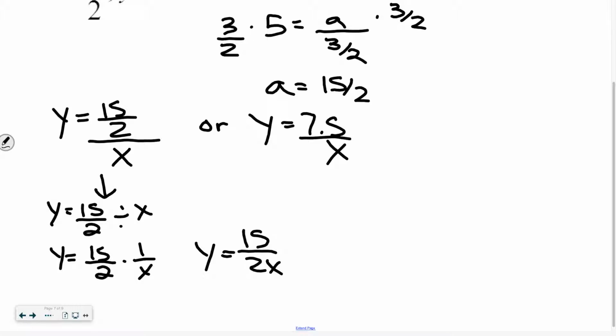So what happens is the 15 stays in the numerator, the 2 drops down to the denominator with the x through algebra. But like most of us probably don't write all this stuff out. You just know that it comes out over here. These are all the same thing. Okay, we'll all get the same answer no matter what we do.